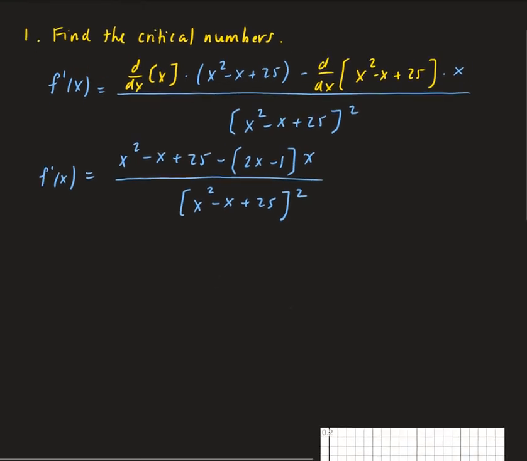Okay, so looking at the numerator, we can simplify this. We have x squared minus x plus 25, minus, and I'm going to distribute the negative, so we have minus 2x squared, distributing the x here, and then plus x.